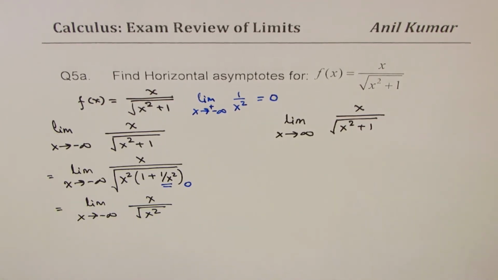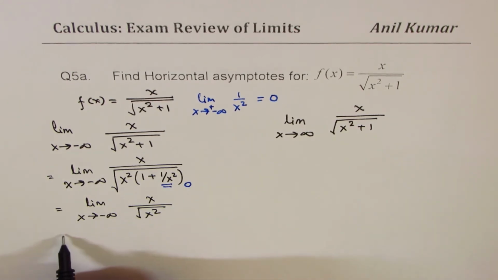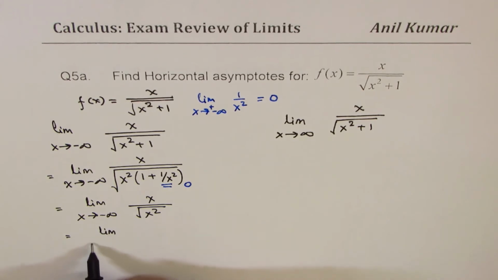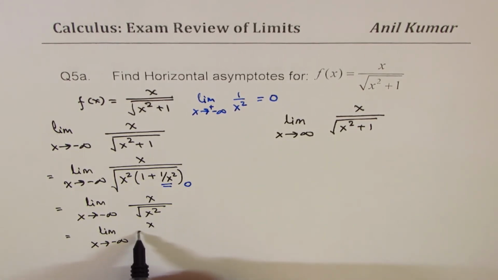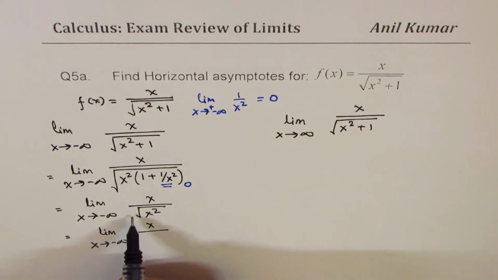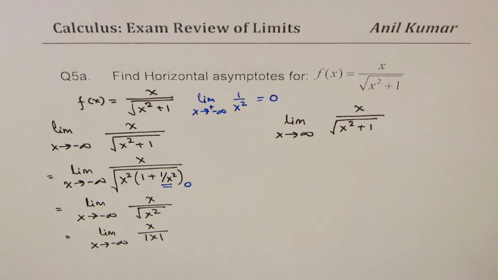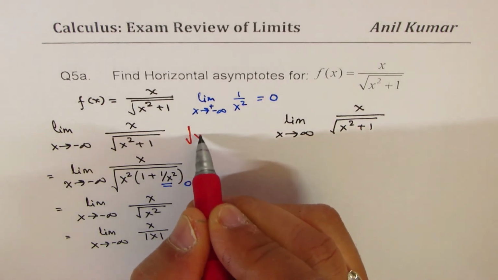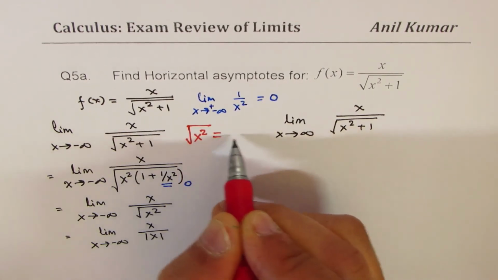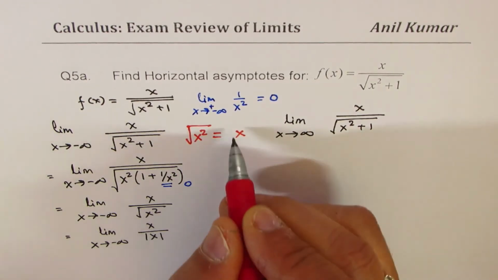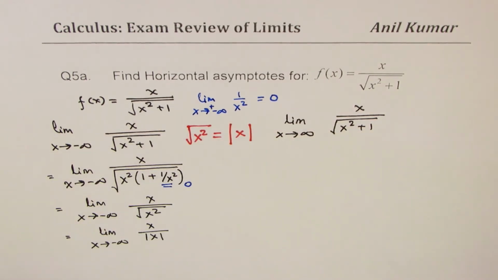Now you have x over square root of x squared. What is that? Well, some students think it is x. That is a huge mistake, right? What we get here is x over, and this is always positive, so it is not x but the absolute value of x. Another thing you have to remember is that the square root of x squared is not x, it is the absolute value of x.